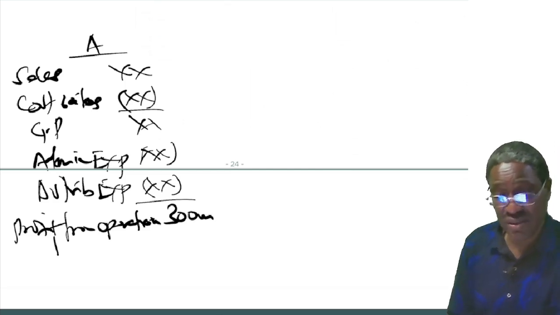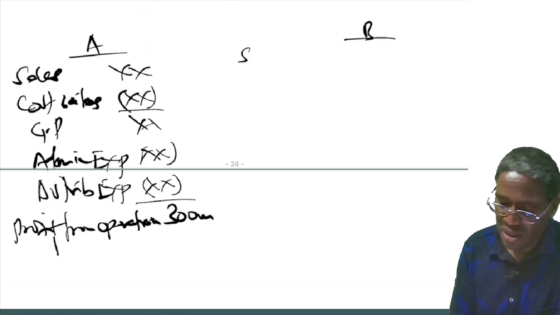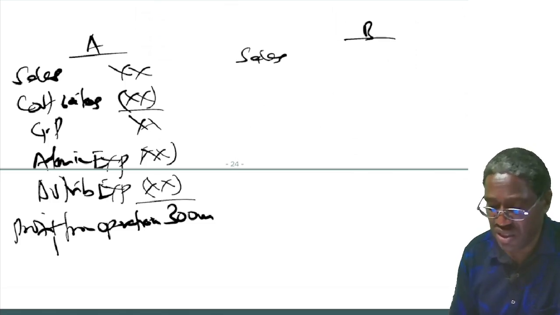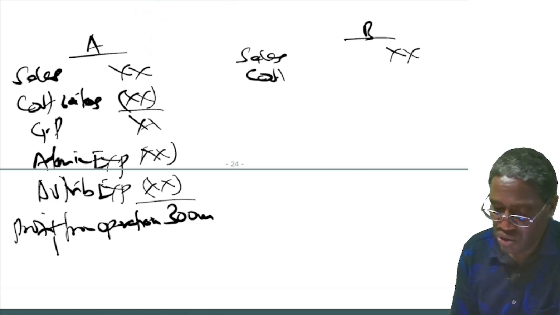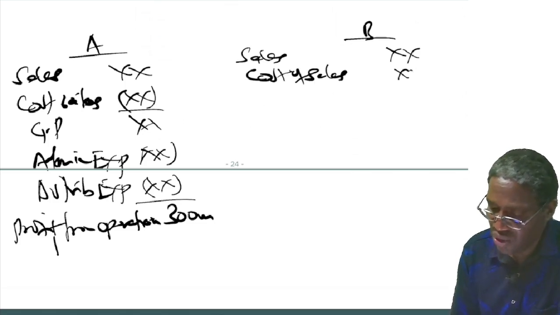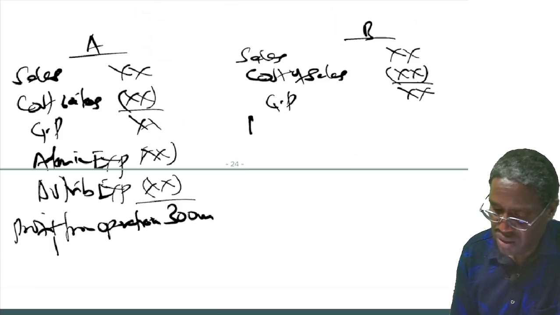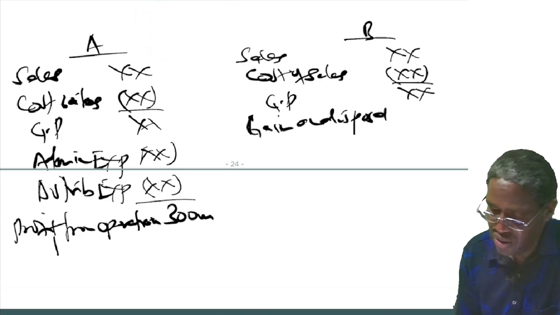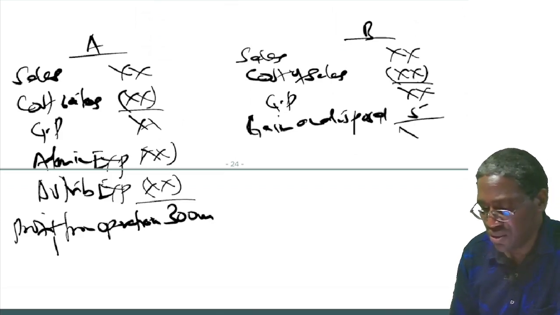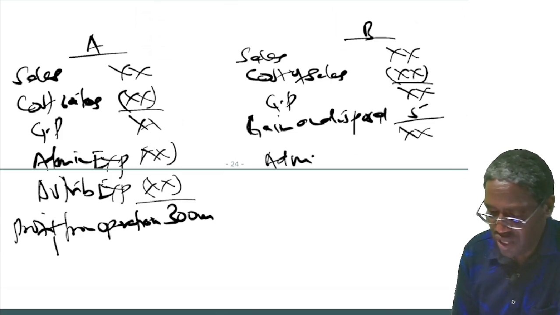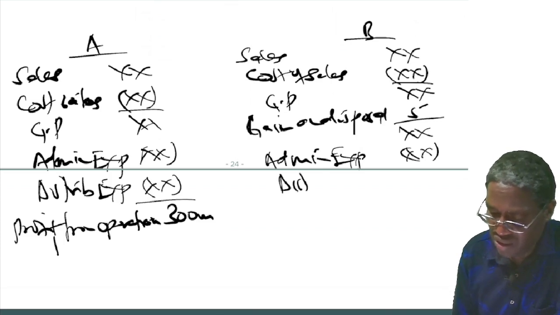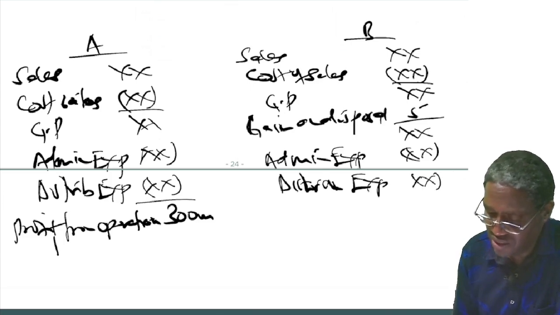That was accountant A. Accountant B prepared the income statement this way: sales, whatever it is, cost of sales, whatever it is. He got gross profit. Then he said gain on disposal, maybe 5 million. Then admin expenses, whatever it is, distribution expenses, whatever it is.